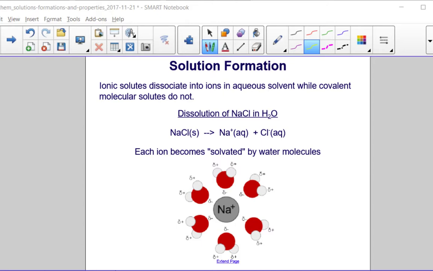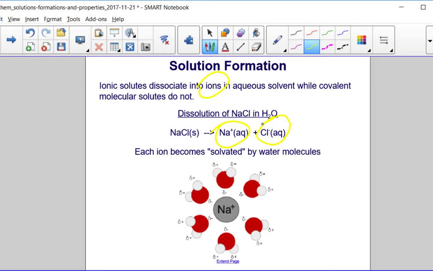Ionic solutes dissociate into ions in aqueous solvent. Okay, so the example here is the dissolution of the ionic solute NaCl salt in water, H2O. What happens is in solution, the sodium chloride solid becomes ions of sodium and ions of chlorine in aqueous solution, or dissolved by water.